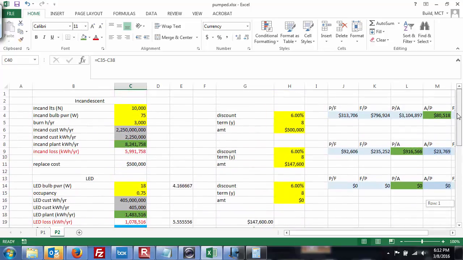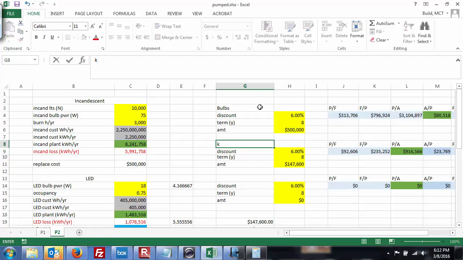So now we're looking at, so this is bulbs. This is kilowatt hour charge, right? And this is carbon.